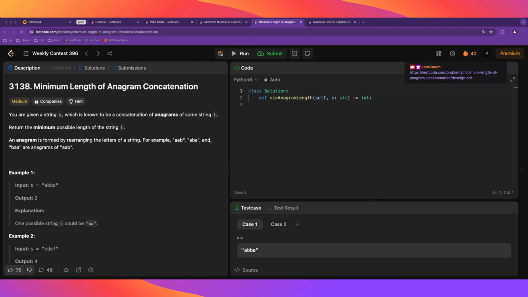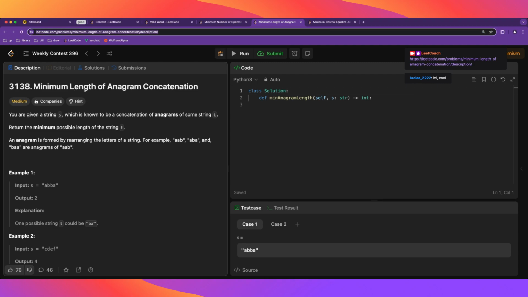Let's go with question 3. Minimum length of anagram concatenation. I recommend, if you're going to choose a language to do LeetCode and interviews, I always suggest Python.